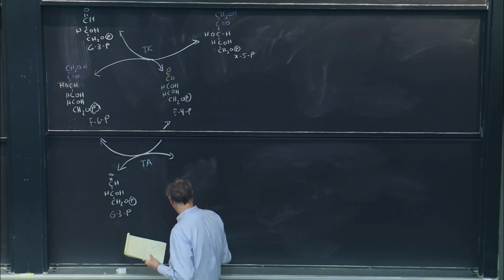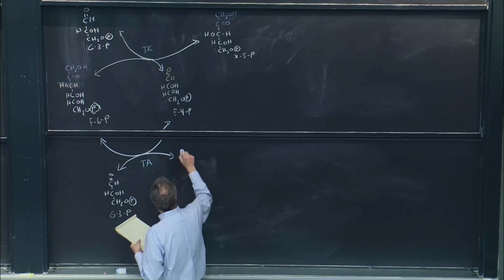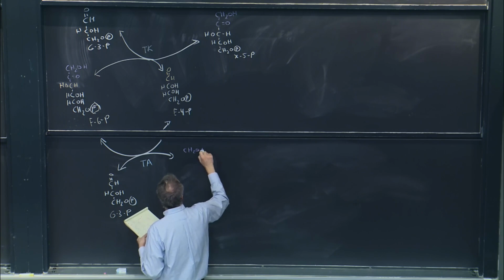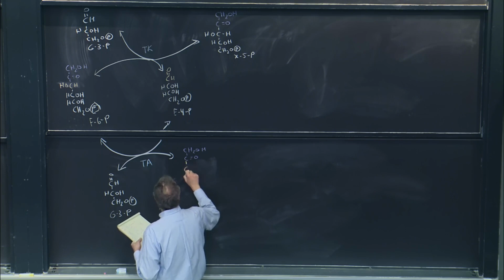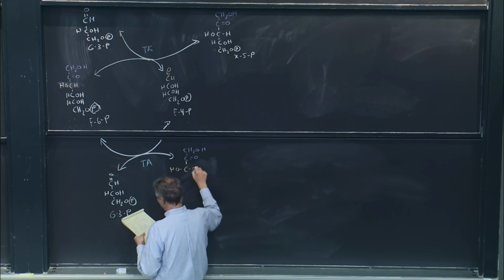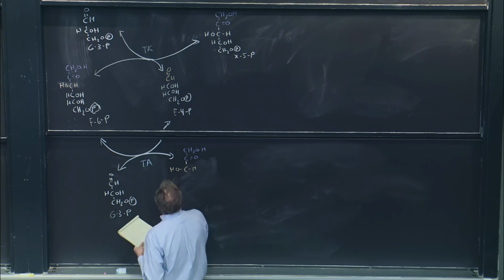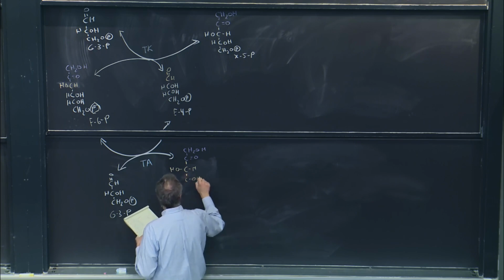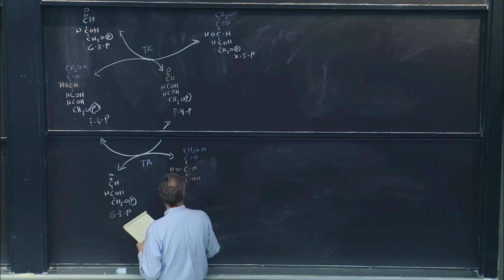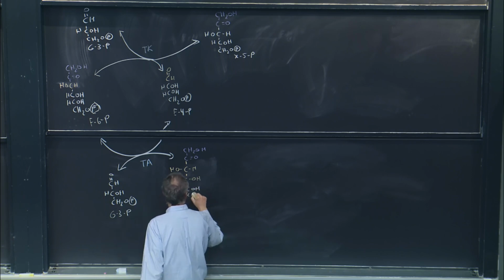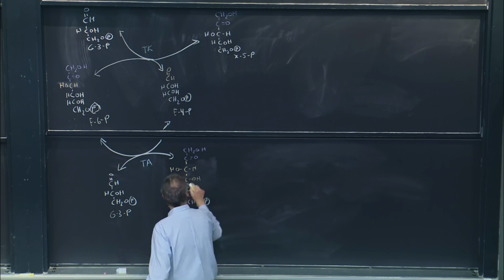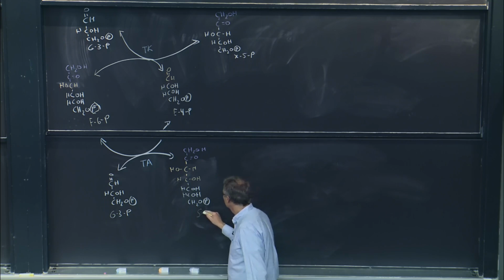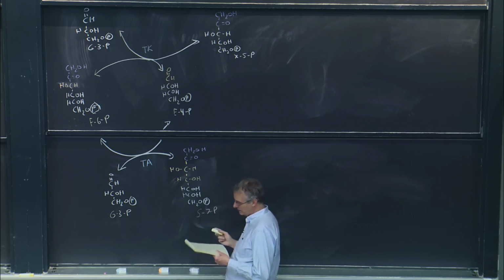Now I end up with a longer ketose. Okay, now I have this 7-carbon sedoheptulose 7-phosphate.